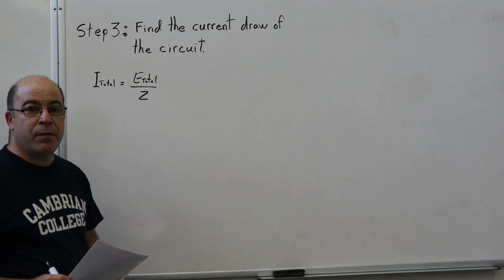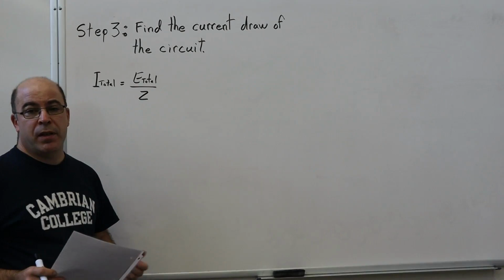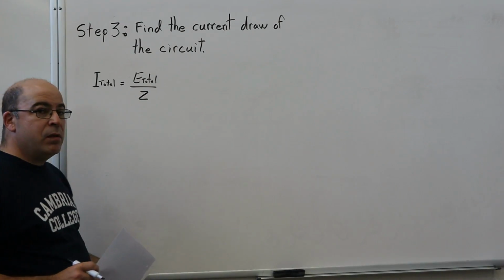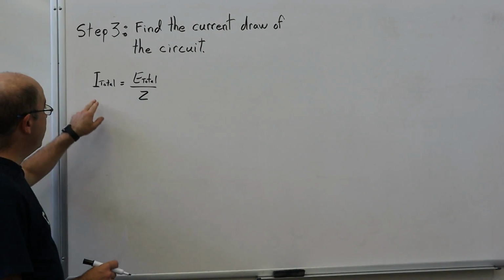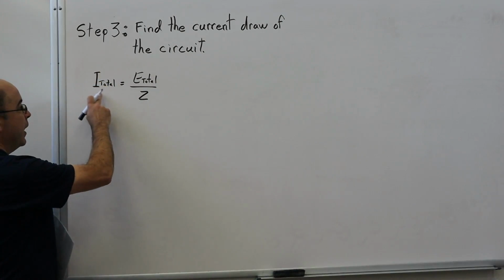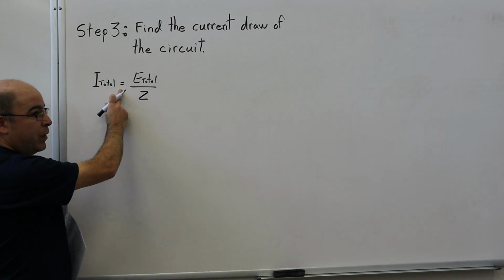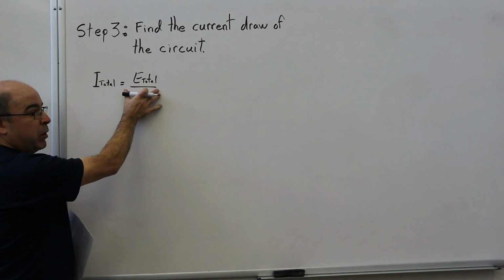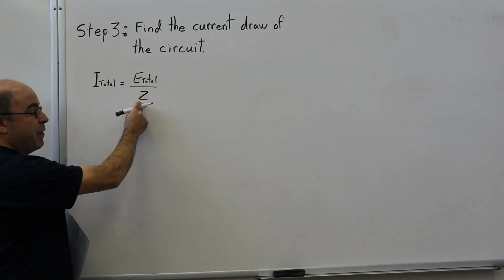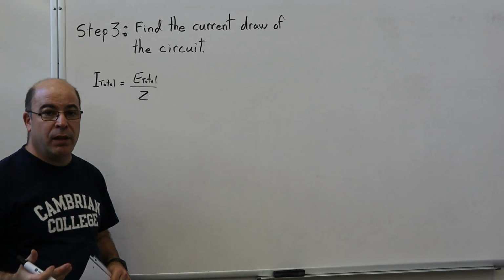So here we have step 3, calculating the current draw for the entire circuit. We're going to use an Ohm's law formula, which is I total: we're going to take the applied voltage and divide it by the value of impedance, which we've just calculated.